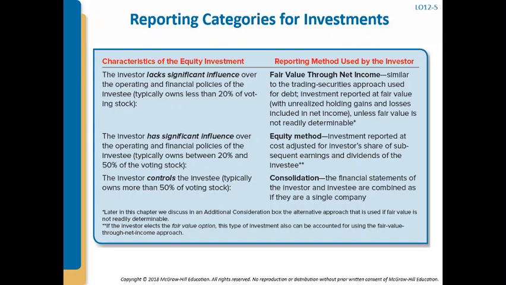So we'll look at that. Last but not least, if you own more than 50% of the voting stock of a company, you're presumed to have control, not just significant influence, and thus you're required to consolidate the financial statements of both the investor and the investee together.